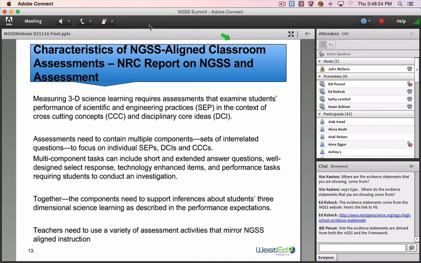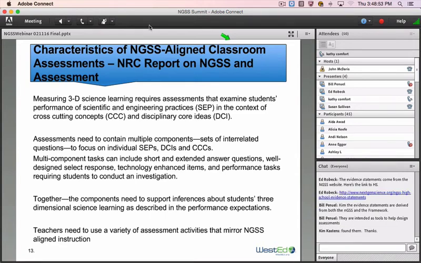And so just in summary, in looking at the characteristics of an NGSS-aligned assessment, measuring 3D science learning requires assessments that examine students' performance of specific scientific and engineering practices in the context of cross-cutting concepts and disciplinary core ideas. These assessments need to contain multiple components, sets of interrelated questions to focus on individual practices, core ideas, and concepts.